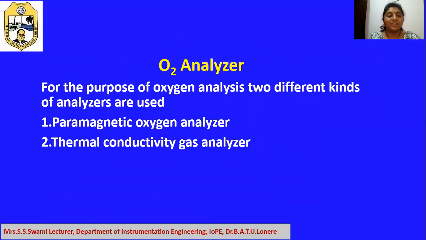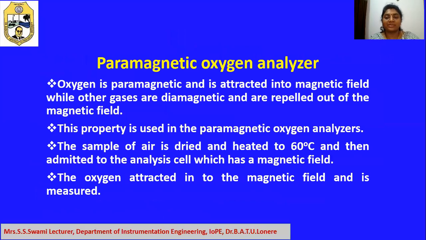O2 analyzer. For the purpose of oxygen analysis, two different kinds of analyzers are used: the paramagnetic oxygen analyzer and the thermal conductivity gas analyzer. First, we will see the paramagnetic oxygen analyzer. Oxygen is paramagnetic and is attracted into the magnetic field, while other gases are diamagnetic and are repelled out of the magnetic field.